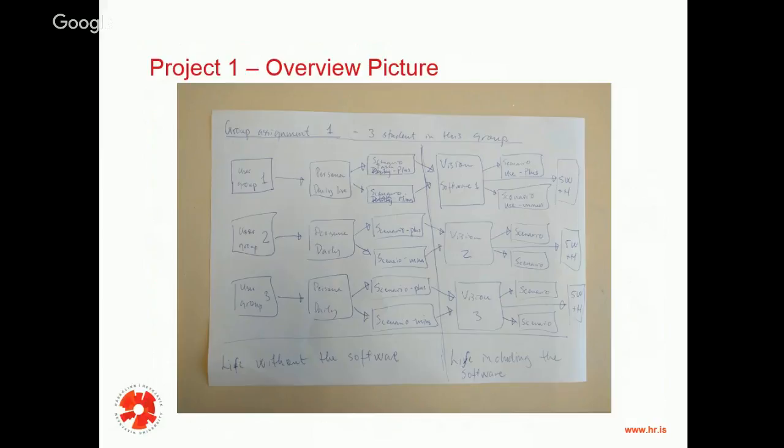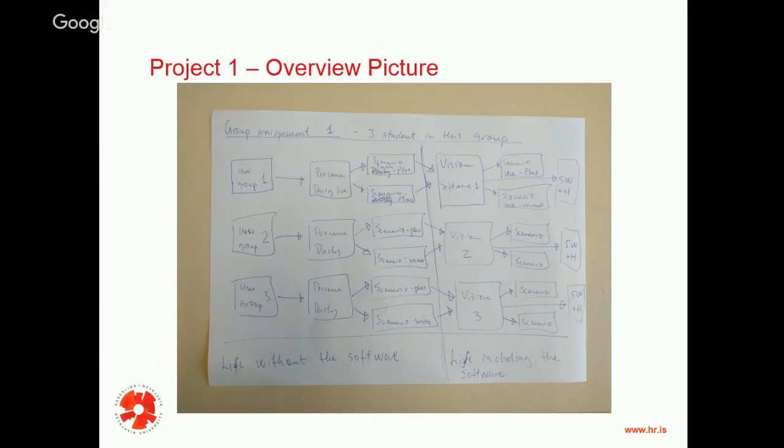So you have to think about the line there. You're analyzing user groups before they have the software you're suggesting. You're making personas, describing their daily life, how they live, and so on. And you are making scenarios of their life, what problems they have, what user goals they have.